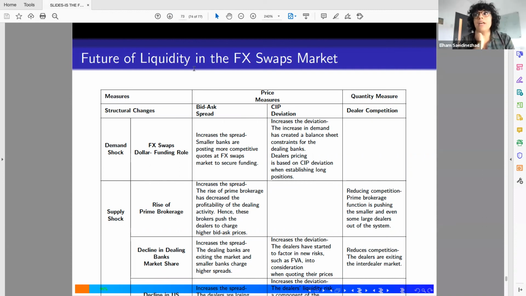In the meantime, some of these factors are directly contributing to a reduction in competition amongst dealers, which is going to increase this spread further. Overall, the FX swap market and the dollar funding market are going to see systematically higher rates in the future, and in terms of the institutions, they are going to be less dealer-centric.